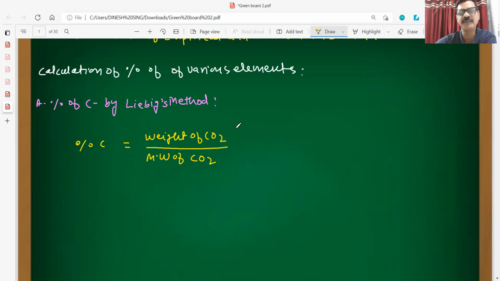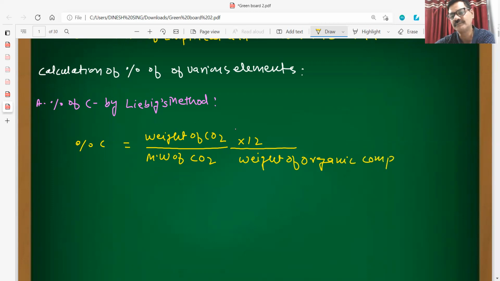So if we multiply it by 12, then we will obtain the total weight of carbon present in organic compound. And if we divide it by weight of organic compound, the weight of carbon present in this much weight of the organic compound, into 100.